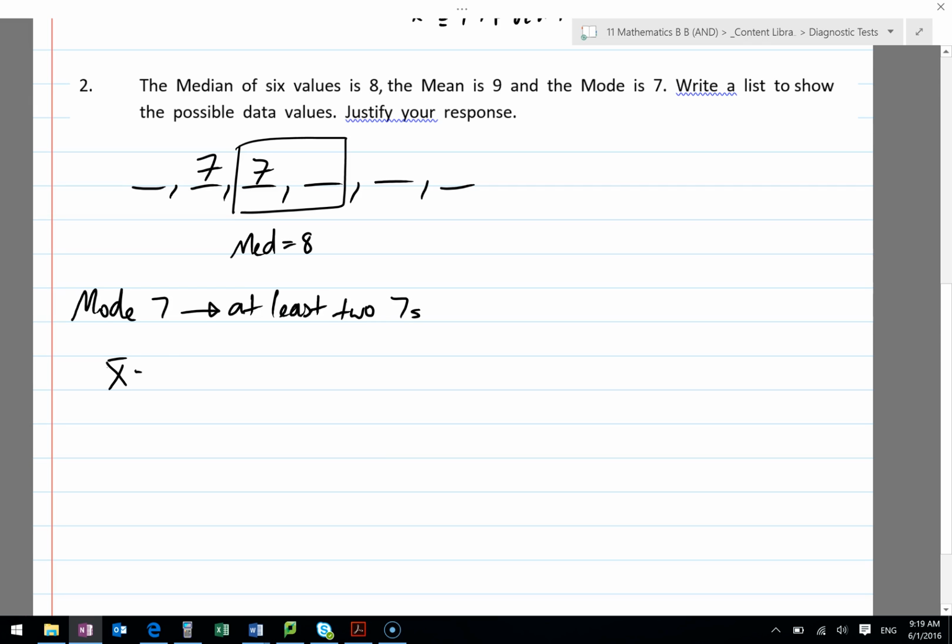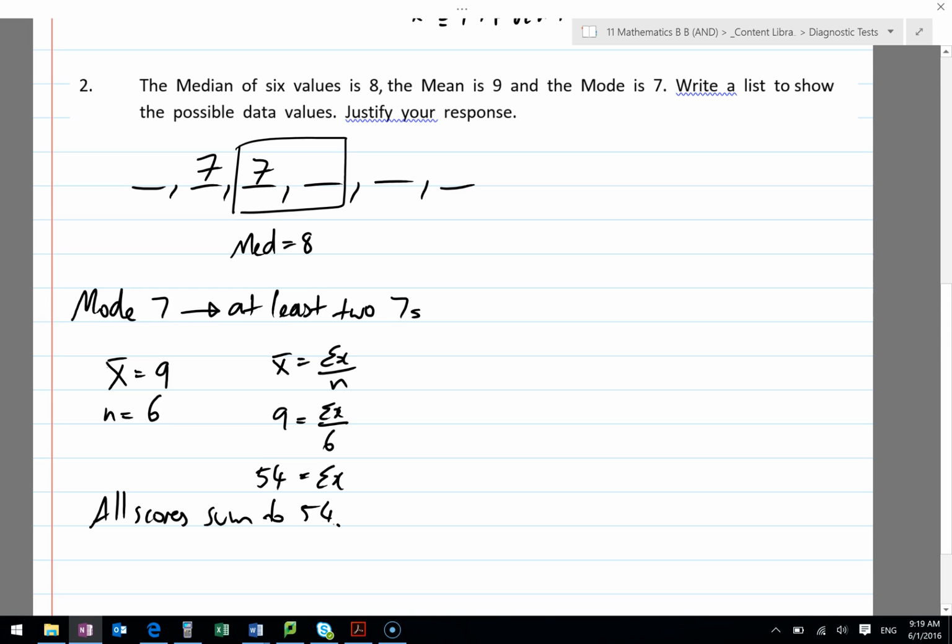So if I know the mean is 9, I know that I have 6 scores. I should be able to use my formula to find out what the sum of all these scores should be. So the sum of all the scores will be 9 times 6, 54. So all scores need to sum to 54.